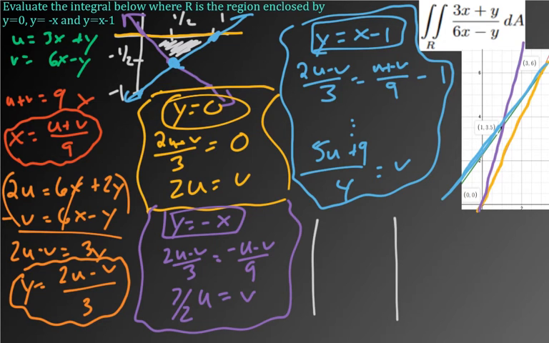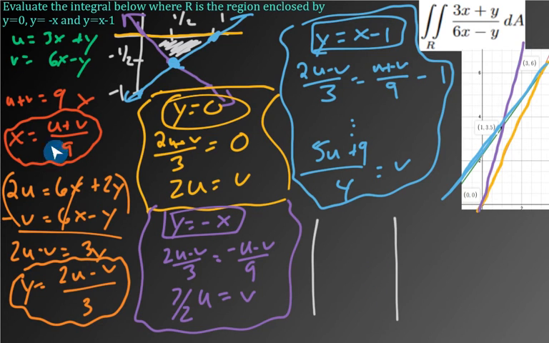We take the partial of x with respect to u, put it here, partial of x with respect to v, put it here, partial of y with respect to u, put that there, and then partial of y with respect to v, and put that there.